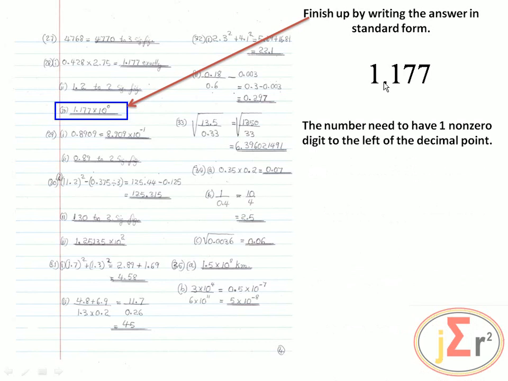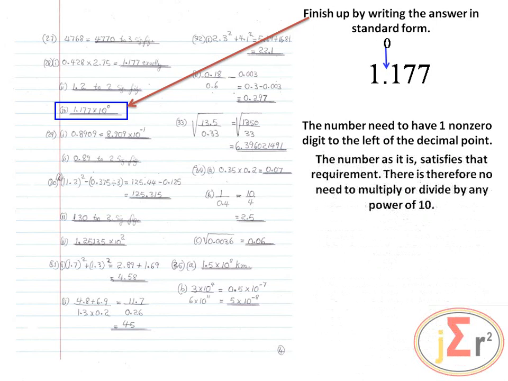The entire number needs to be expressed in a form in which it has only 1 non-zero digit to the left of the decimal point. As a matter of fact, the form that it is in presently is the one required of the standard form. The number as it is satisfies that requirement.